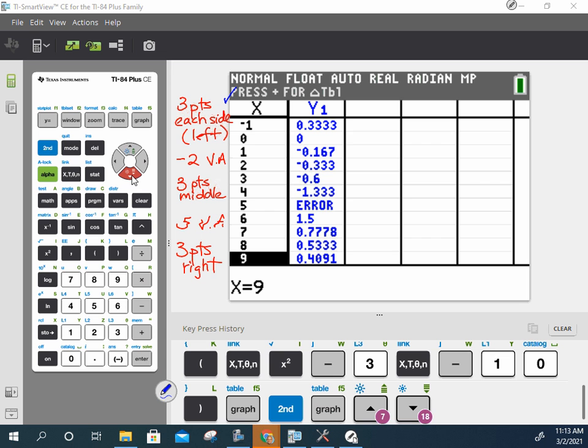And then my other points will be 6 comma 1.5, 7 comma 0.8, and 8 comma 0.5. If you're wondering where I'm getting all the numbers from, I'm pulling them from the table from my graphing calculator.